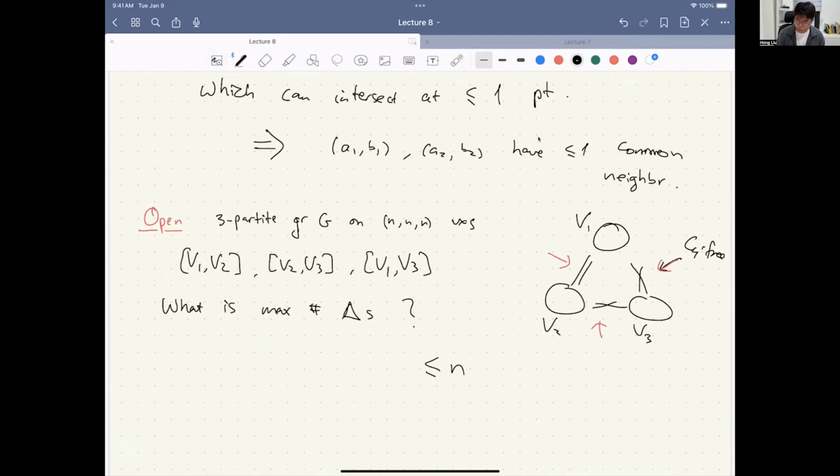The best known upper bound, up to constants, is n to the 7/4. This is just by Cauchy-Schwarz, applied twice in a clever way, not so hard. And for the lower bound construction, the best known is n to the 5/3.